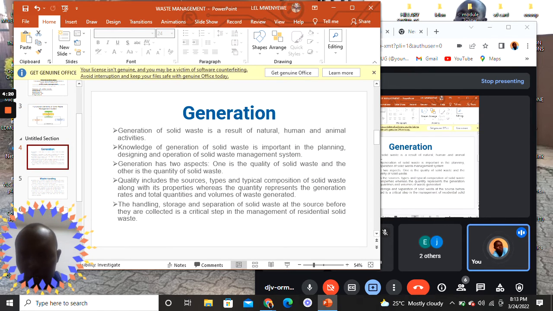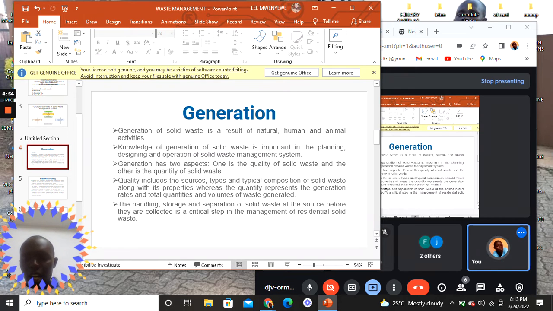As I've said, generation is where solid waste is produced at the source. It can be at our homes, or in industries, or in agriculture, producing farms. So generation has two aspects. One aspect is the quality of solid waste, and the other is the quantity of solid waste.